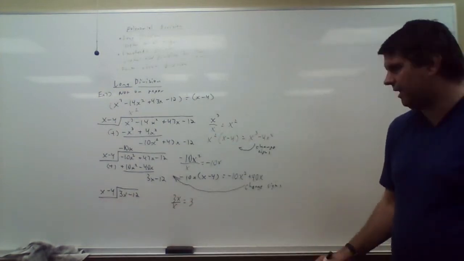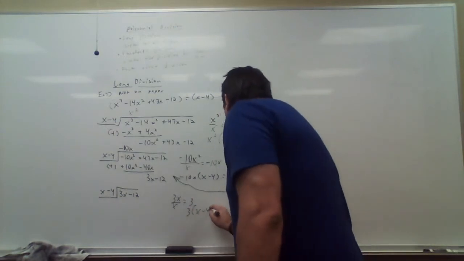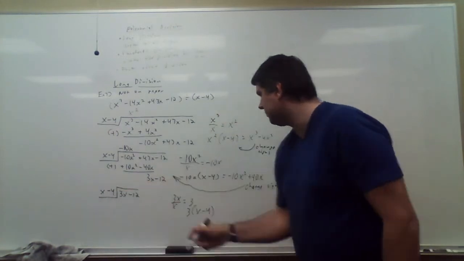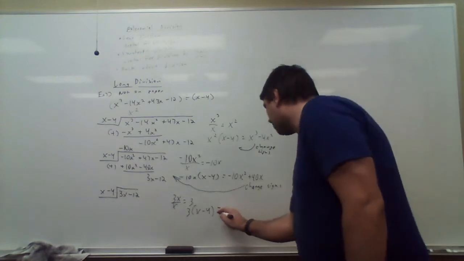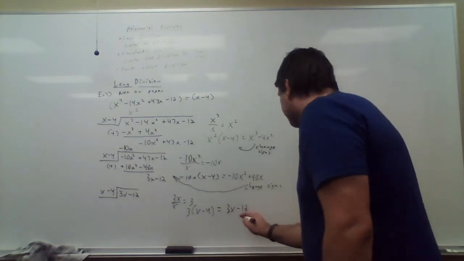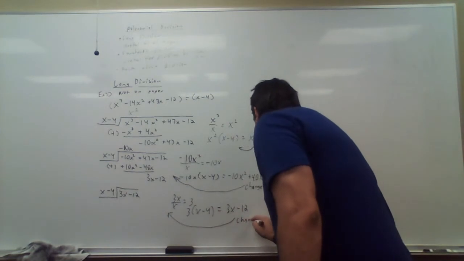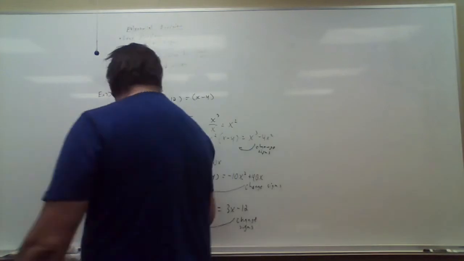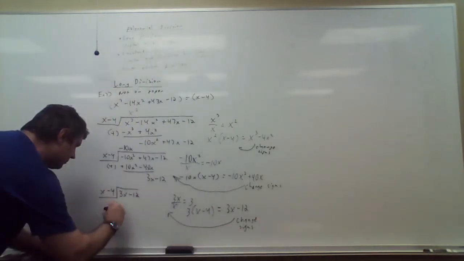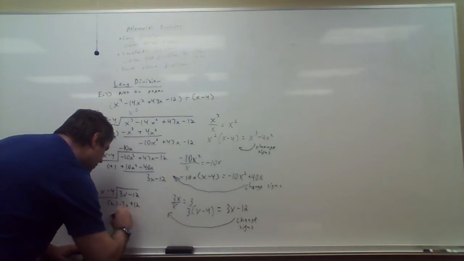I will then take the 3 times the x minus 4 that I'm dividing by, and I will get 3x minus 12. We're going to change the signs and add a negative 3x and a plus 12.